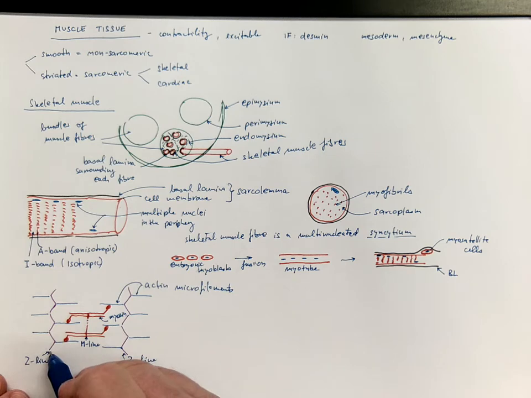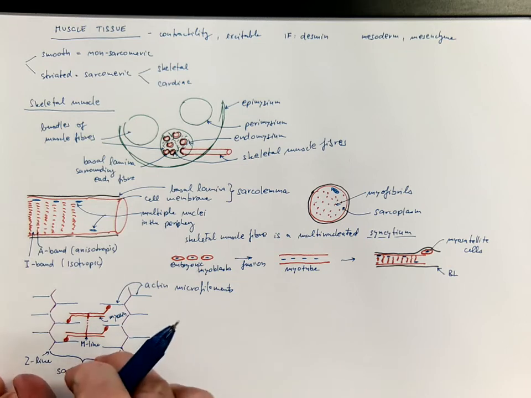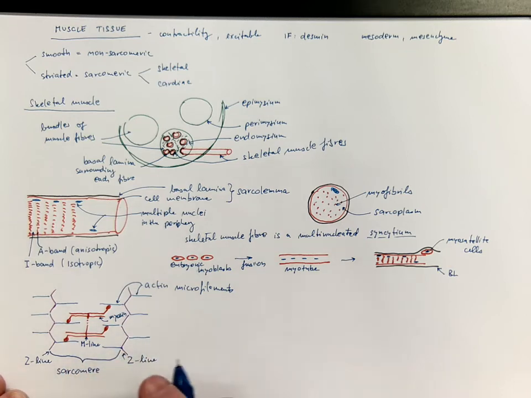And the sarcomere ranges from one Z line to another Z line. So this is a single unit of the contractile apparatus called sarcomere, and this repeats again and again many times. A typical dimension of a relaxed sarcomere is 2.5 micrometers.